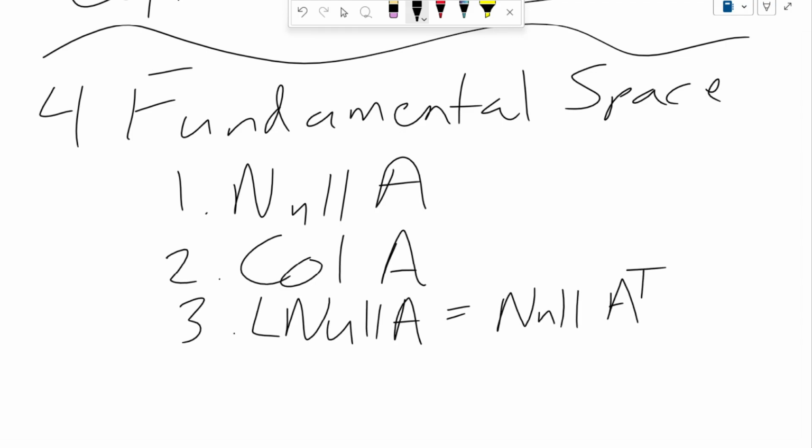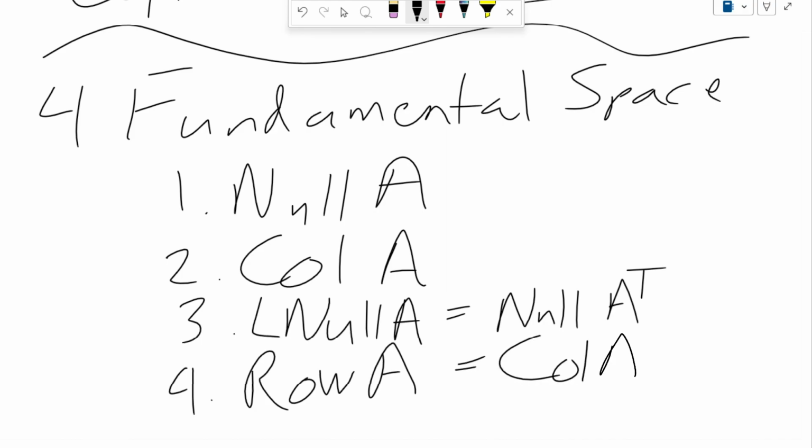The fourth is the row space, which is the span of the rows. That's also just the column space of A transpose, because the transpose switches rows and columns. So the row space of A is the column space of A transpose. And that's kind of it.